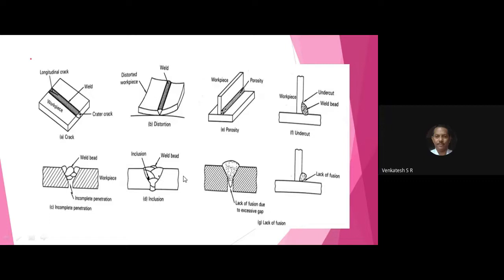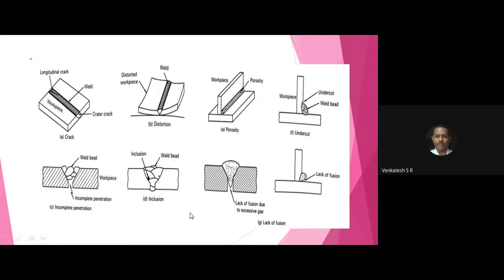And inclusion. You cannot produce a 100% pure joint or clean joint or perfect joint. There may be some foreign material always present in the surrounding or in the location, which enters the joint. That's called presence of inclusion in the joint. This is also one type of defect.